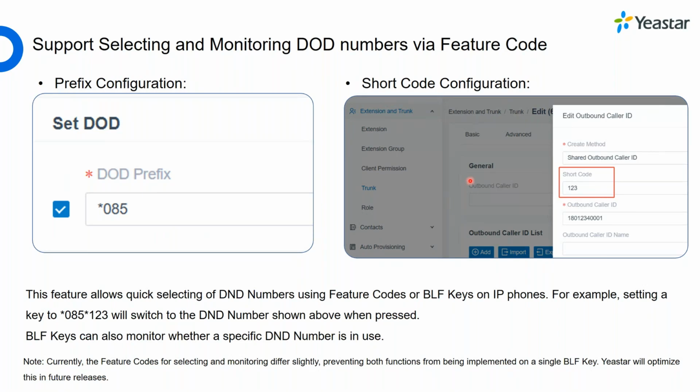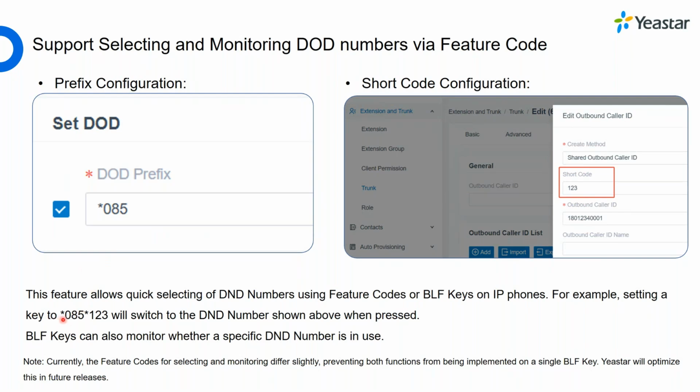If you go to the trunk configuration page, in the outbound caller ID, which is the DOD, you can set up a short code, and I have configured 123 for this DOD here.